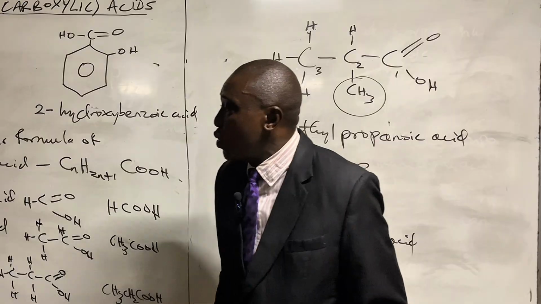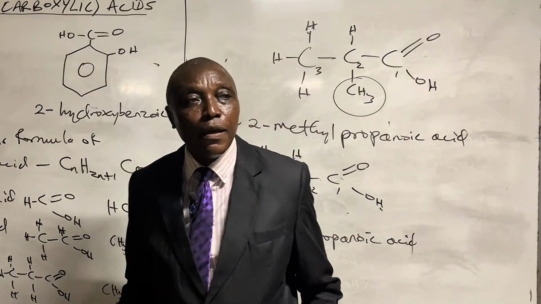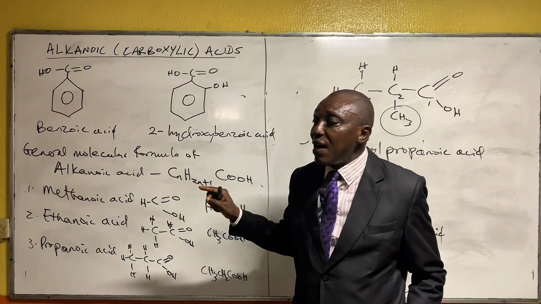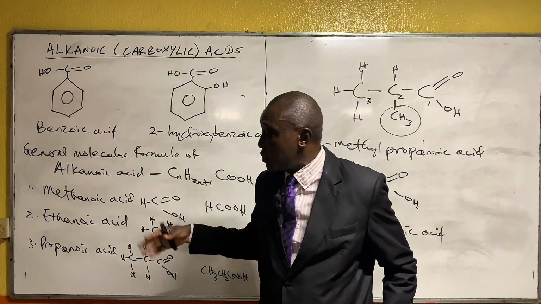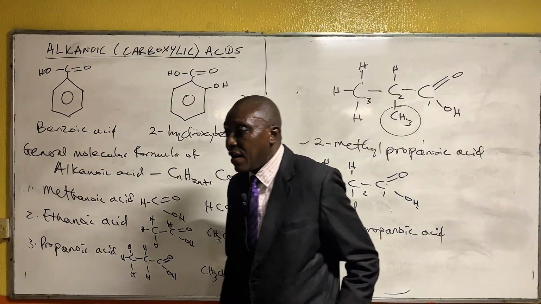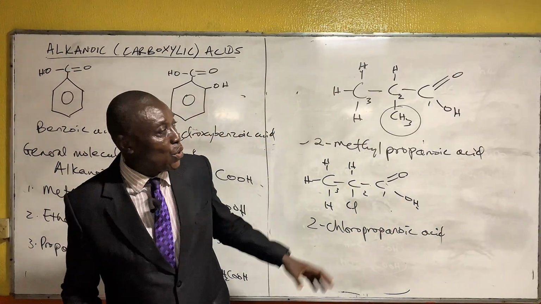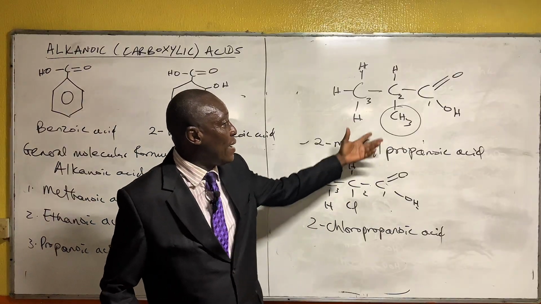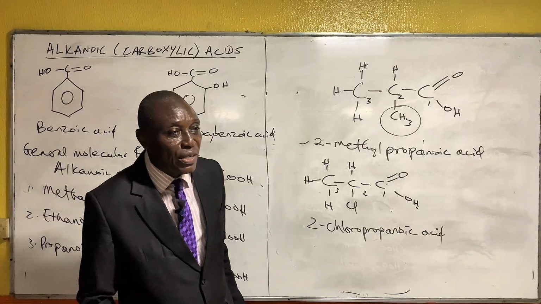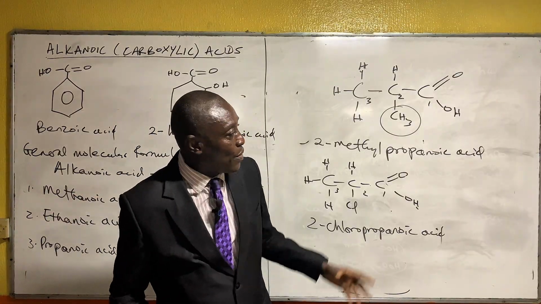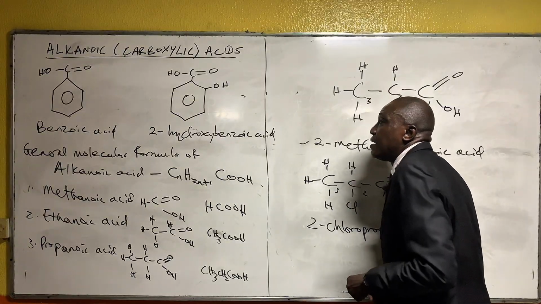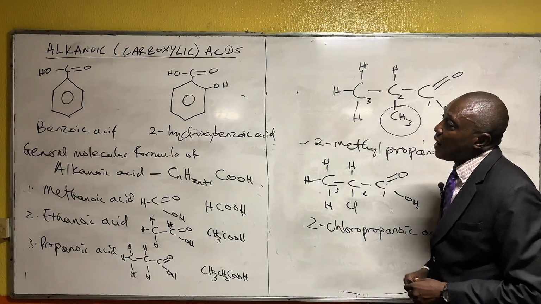We have also listed some of the homologous series of alkanoic acid: methanoic acid, ethanoic acid, and propanoic acid. And we also looked at how you name an aliphatic alkanoic acid that has a substituent.